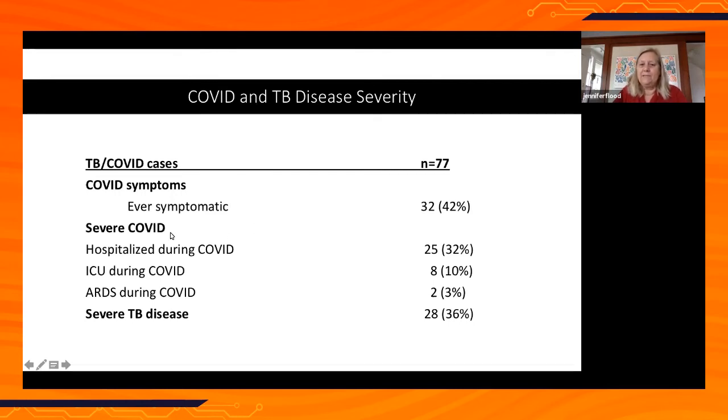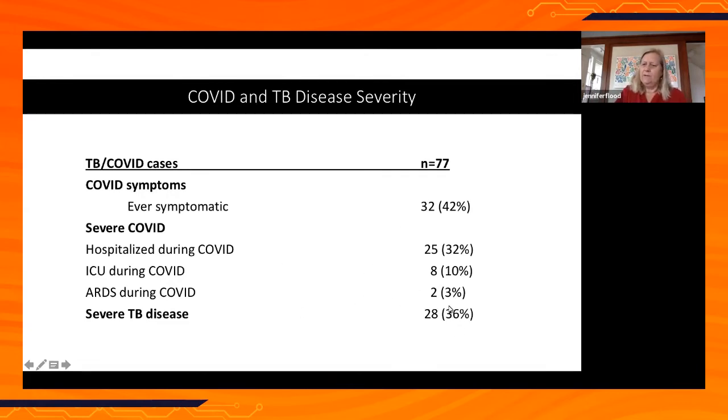How many patients had severe COVID? Although we know so much about the high mortality and about the disproportionate deaths in older people, we also know that COVID for many people is mild. But if you look at this data of 77 persons who had both TB and COVID, you can see that a third were hospitalized during their COVID illness, and 10% were in the ICU. 3% had acute respiratory distress syndrome, all manifestations of very severe COVID.